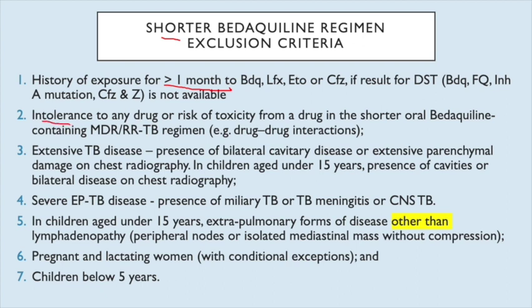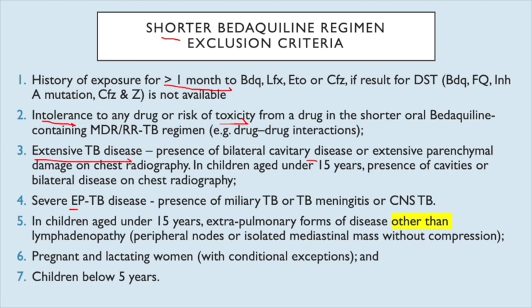If he's intolerant to a drug or there is a risk of toxicity from a drug, we will not start a bedaquiline regimen. If it's highly extensive TB, bilateral cavitary disease, extensive disease, and especially in children less than 15, if there are cavities and bilateral disease, we will not start a shorter regimen.